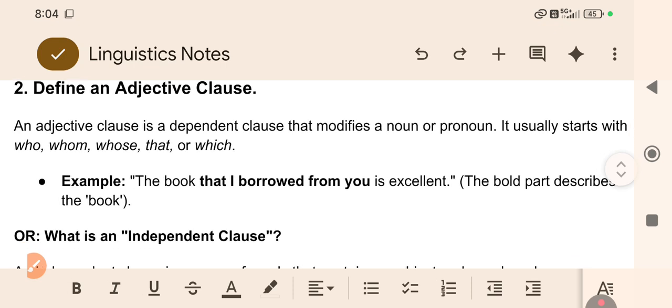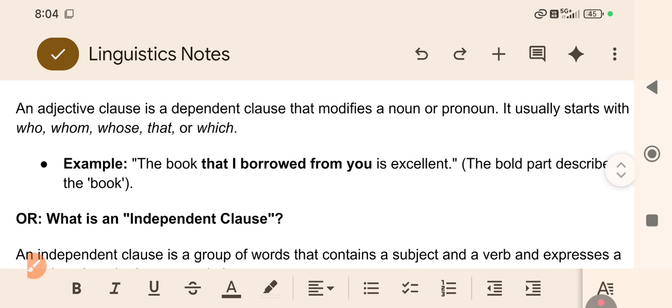Now moving to the next question. Adjective clause. What is a clause? A clause is a group of words which must have a combination of subject and verb. क्लॉज का मतलब ही होता है कि उसमें सब्जेक्ट और वर्ब होना चाहिए उस ग्रुप ऑफ वर्ड में, एंड दैट इज, बट sometimes that group of words can stand alone, sometimes it cannot, and that is why there are two different clauses.